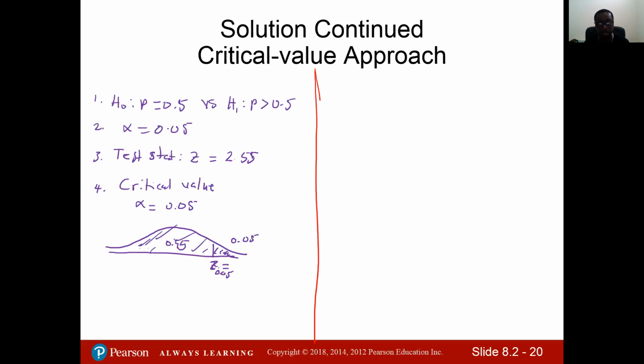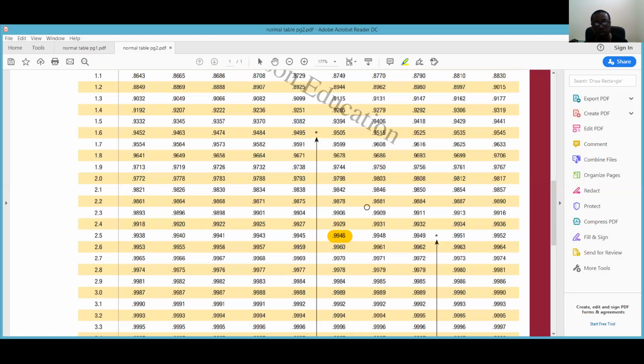So let's go back to our table and do that. I'm going to share my table again with you. All right. Now I'm looking for 0.95. You could see it falls here, between 1.64 and 1.65.